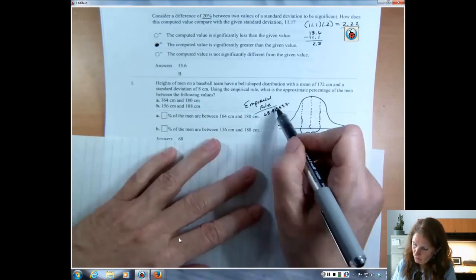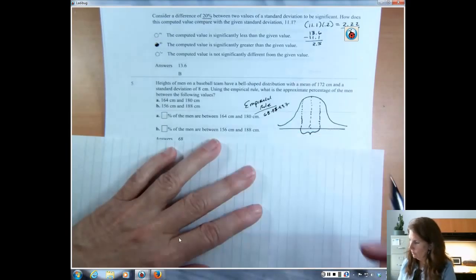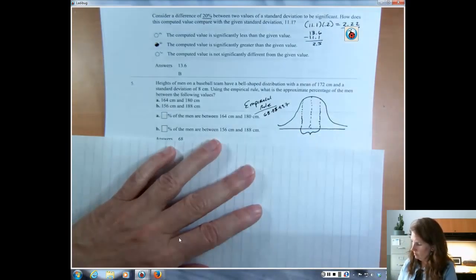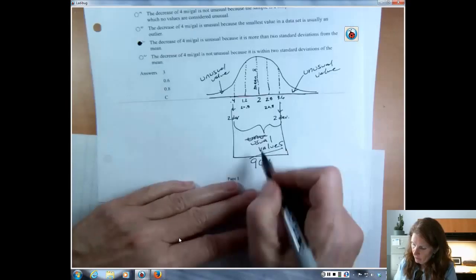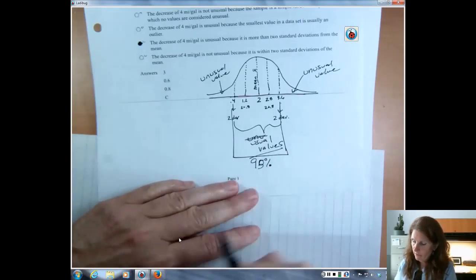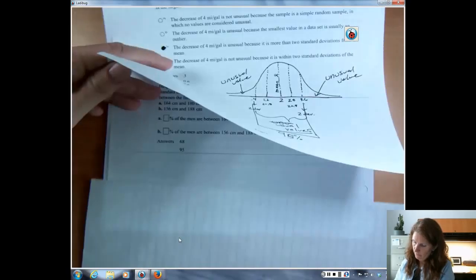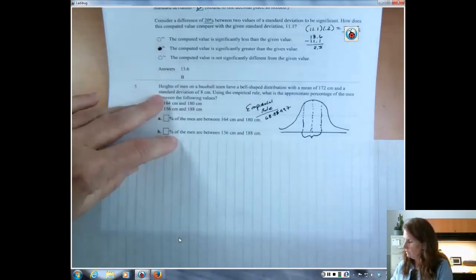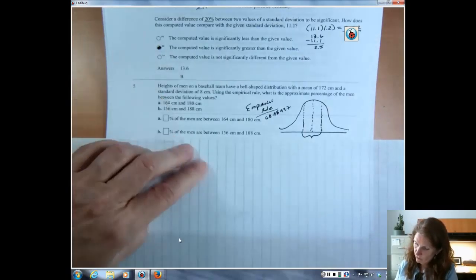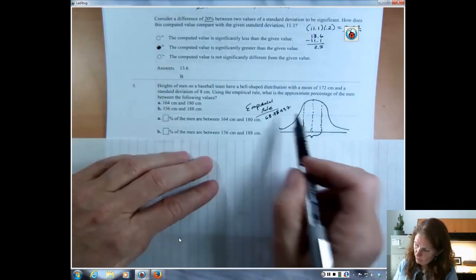Heavens to Betsy. I drew something on there earlier that was wrong. If I'm 2 out, I'm 95%. Right? Okay. Now I've said that and it's lasting forever. I'm not redoing this. So just remember 68, 95, 99.7.